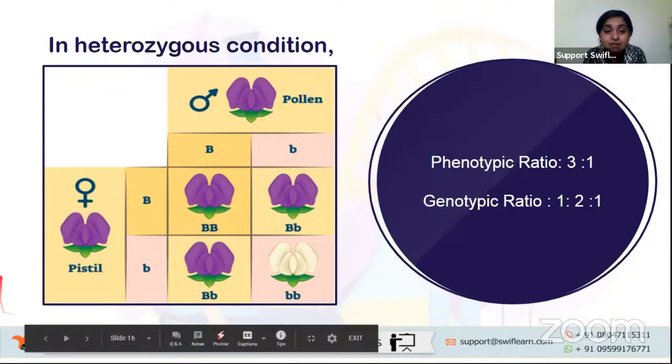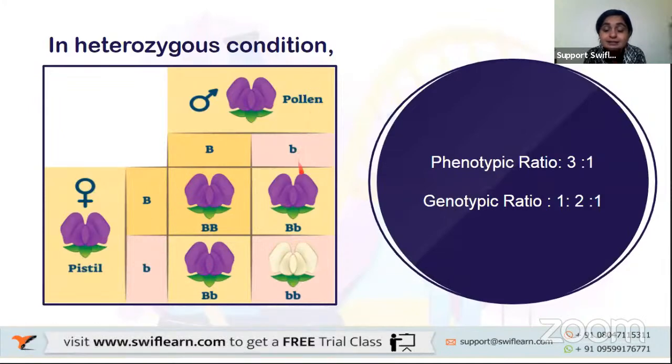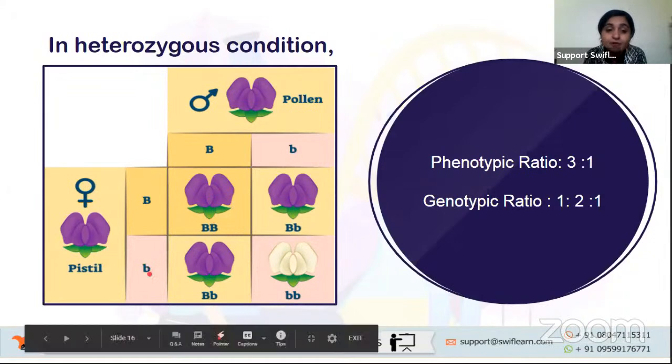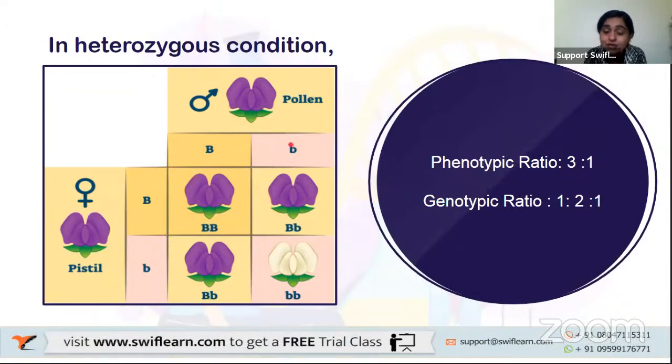Here, if you can see, the capital B are the dominant ones, and the small ones are the recessive traits, right? So when the two dominant traits combine, of course, they're going to produce the dominant one. What if a dominant trait and a recessive trait appear?